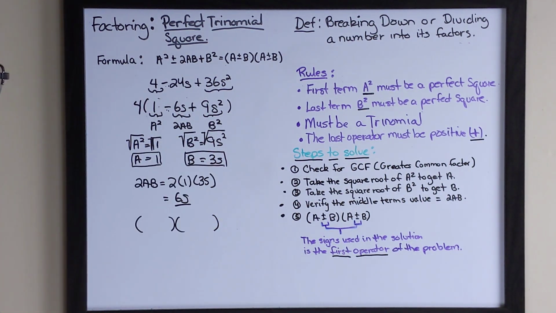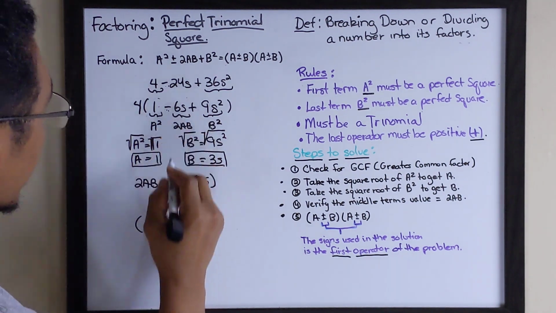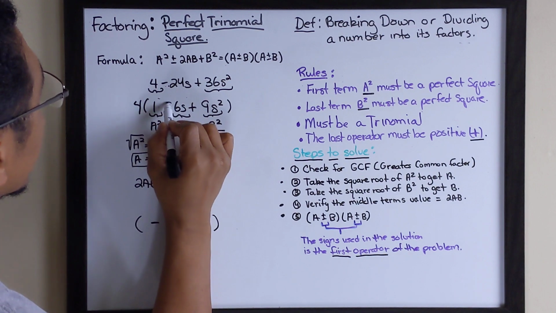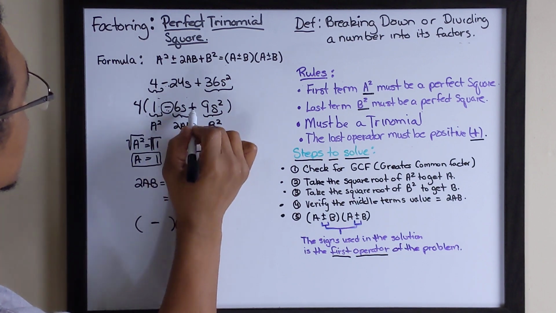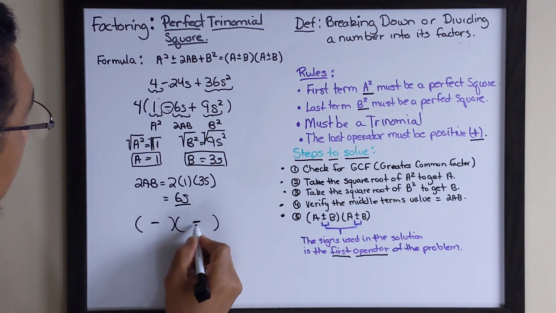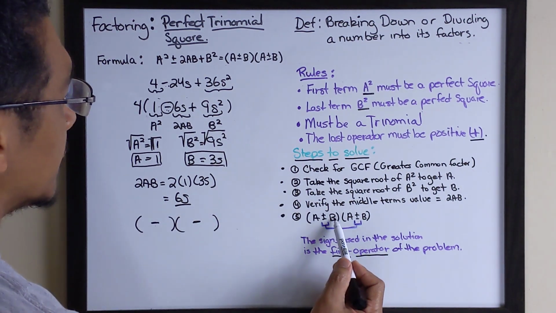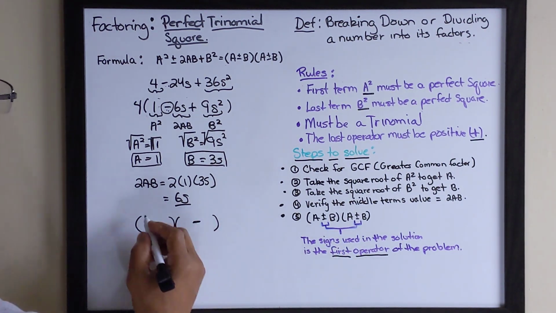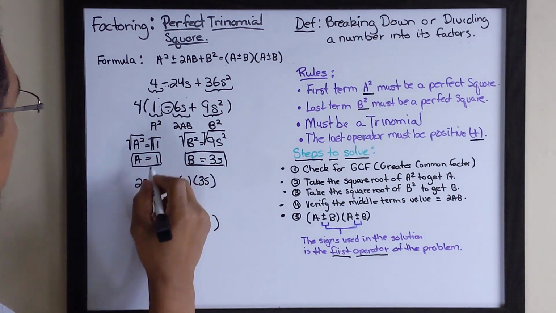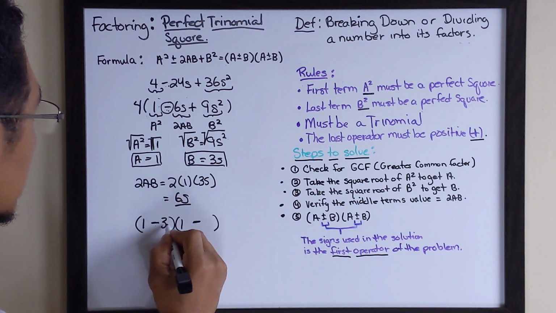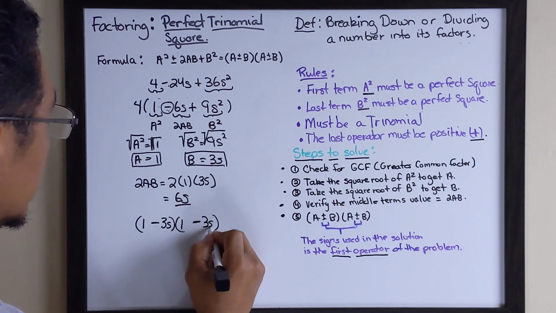The first operator is negative. Here's the second operator. So we have to put negative on both of these parentheses. Let's plug in the a and the b. We get a equals 1 here and 1 here. For b, we get 3s and 3s here.